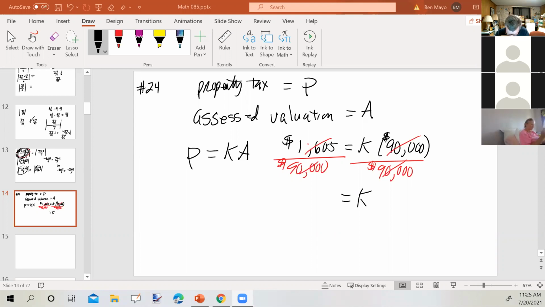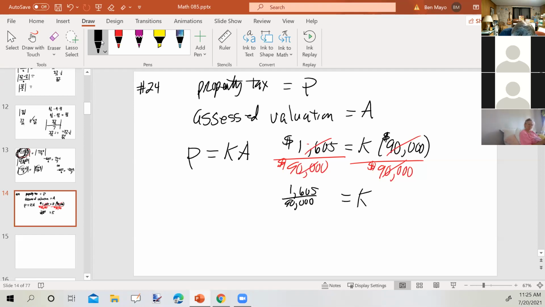And I get this number that's like 0.0178 and then a whole bunch of threes. So what that tells me is that it's not going to come out nicely. It's got a repeating number. So what I need to do, all they're looking for is a final answer. So what I'm going to do is I'm just going to leave K as this whole big number.